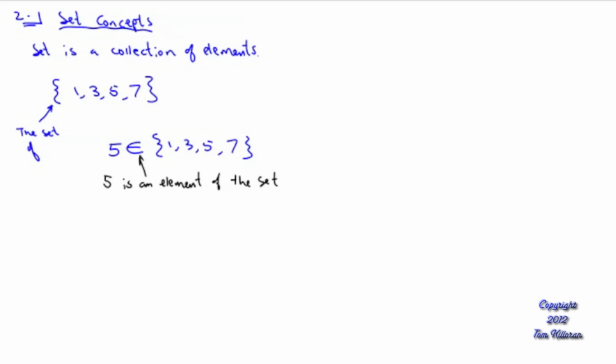If you keep it long, then if I write 5 is an element of the set 1, 3, 5, 7, then you would say that it is true. If I put 8 out here and said 8 is an element of the set, you would say false. It becomes obvious when you read it in English. If you look at it mathematically, it gets a little fuzzy. So if you read it in English, the answers are obvious. If you can't read it in English, you're going to be guessing. And I'd rather you not guess.